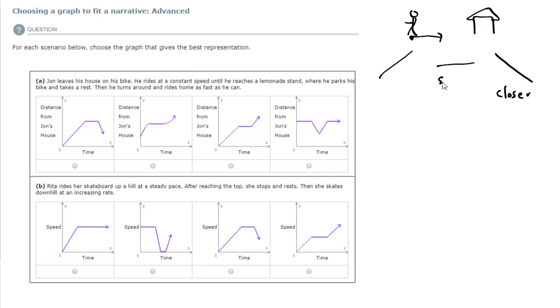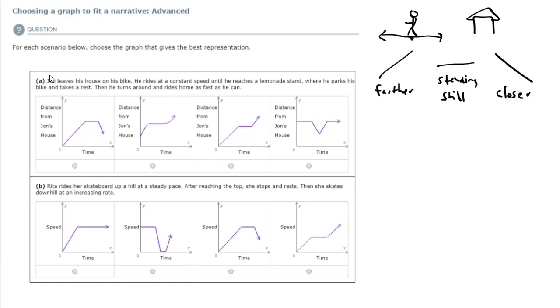So I am, you could say, standing still. And then this one, if I'm going in this direction, my distance is increasing because I'm getting farther from the house. An increasing slope in this case matches up with distance because I'm going away, so it's increasing my distance.